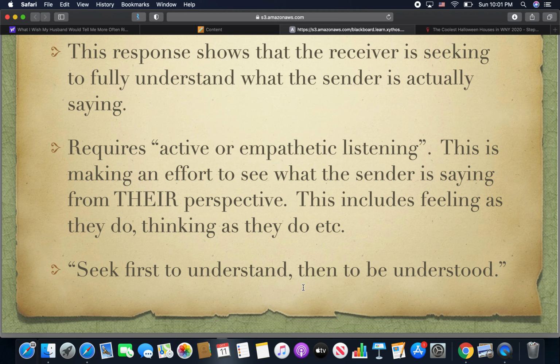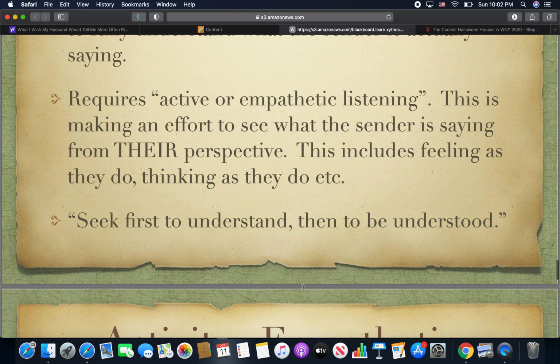It's not easy to do, especially if you're used to being a right fighter and trying to be the one that's right and prove the other person wrong. It can be hard to take a step back, but by doing so, it changes the dynamic of the relationship so much, and it improves things so deeply. So I highly recommend that be done.